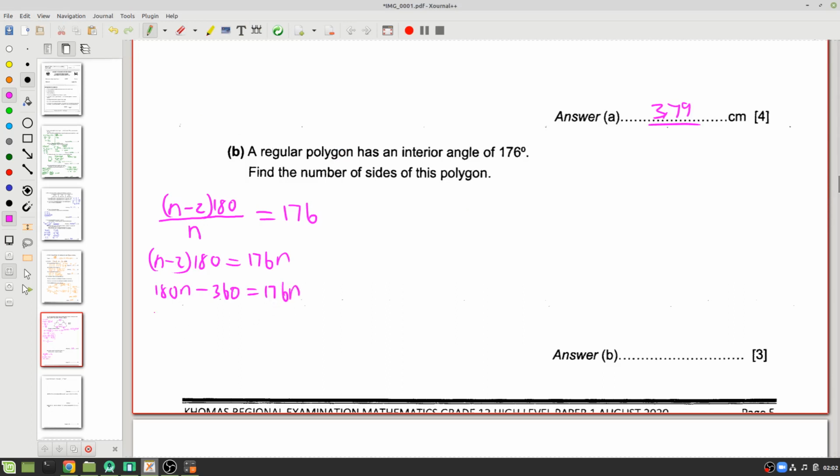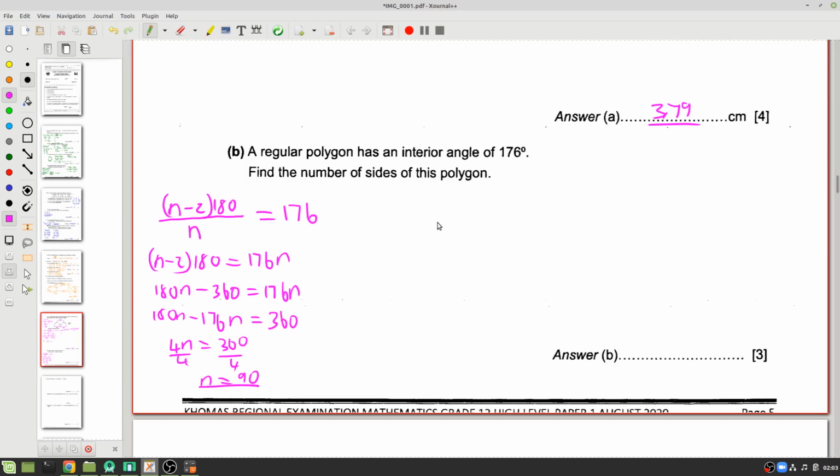Now let's get all the n's on one side. So 180n minus 176n equals, taking the negative 360 over to become positive 360. 180n minus 176n is 4n equals 360. And finally divide by 4 to give us n equals 90. So that's how many sides we have.